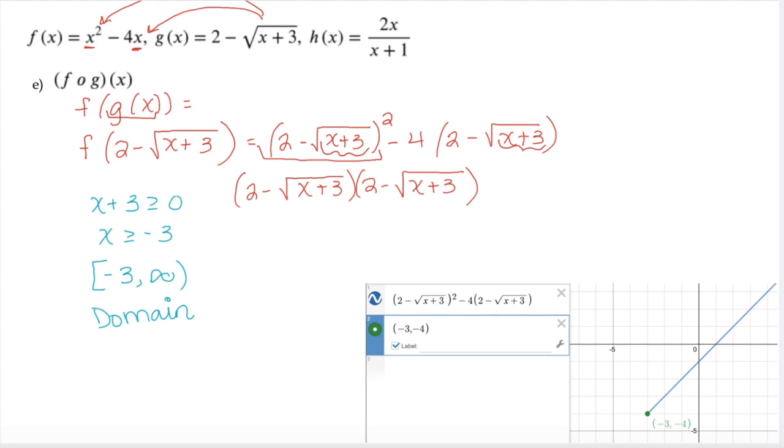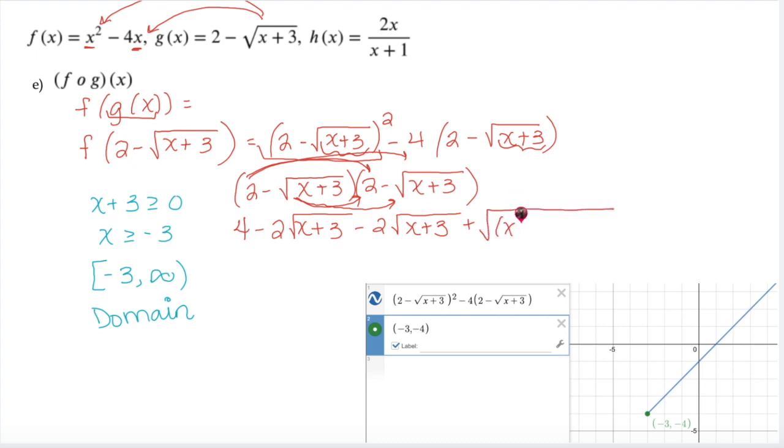So I'll distribute 2, we'll have 4. 2 times negative square root gives me -2 square root x plus 3. The inside will give me another -2 square root of x plus 3. And a negative square root times a negative square root is positive square root of x plus 3 times the square root of x plus 3. We multiply the insides times itself because I have x plus 3 times x plus 3.